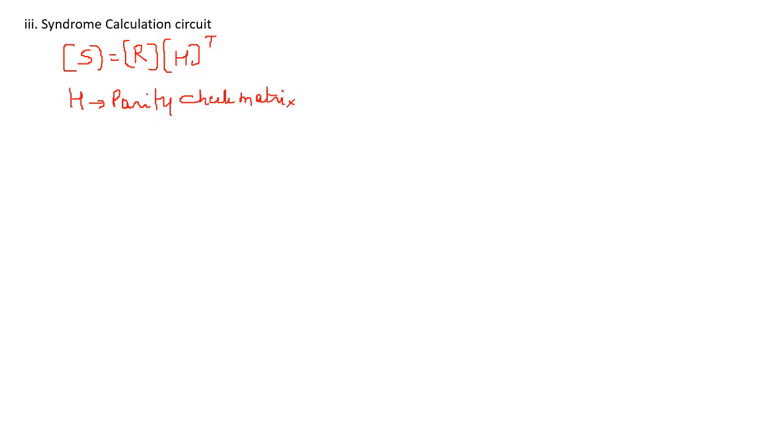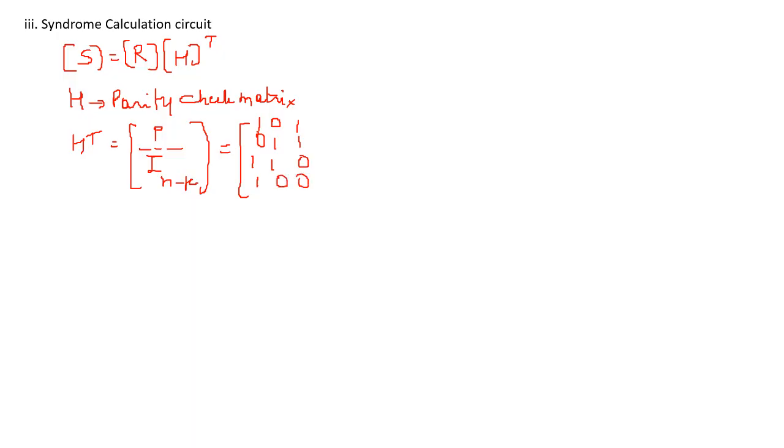Now H transpose is simply given as the P matrix concatenated with I(n minus k), and the P matrix is already given, which is equal to 1 0 1, 0 1 1, 1 1 0, and I(n minus k) is I3, which is the 3 cross 3 identity matrix 1 0 0, 0 1 0 and 0 0 1.